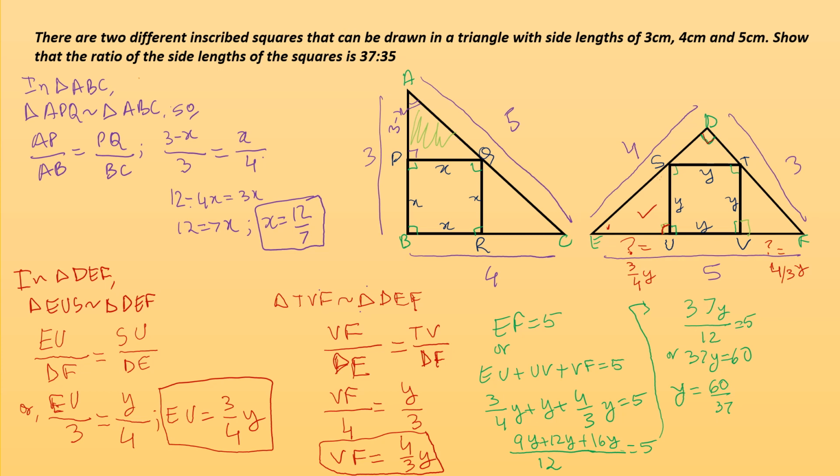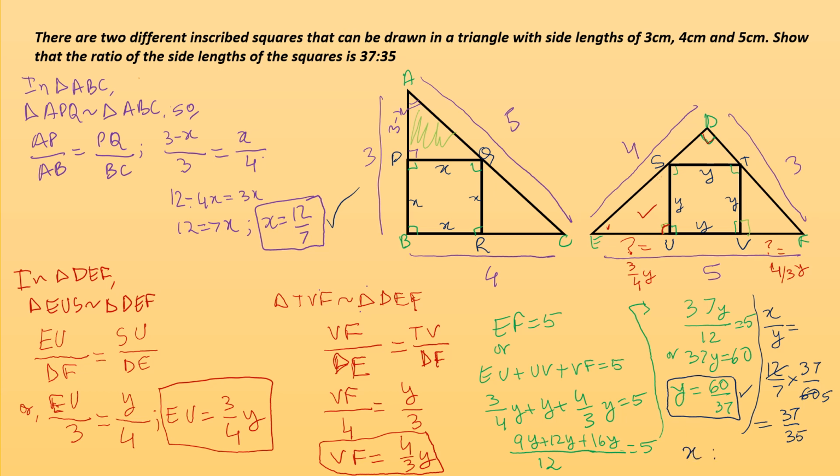Okay, now here we go. The next bit is the easiest bit: I got X, I got Y, so X out of Y equals 12 out of 7, divided by 60 out of 37, or multiplied by 37 out of 60, and I get it very neatly, that equals 37 out of 35.